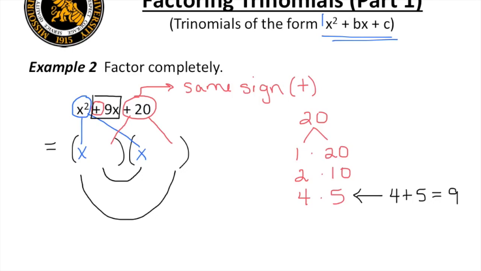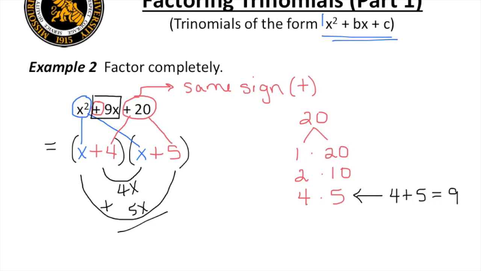So if we attempt to factor by placing plus 4 and plus 5 into our binomials, we will need to check to see if we've obtained the correct factorization. That is, we multiply the inner, which is 4x, and we add that to the product of the outer, which is 5 times x.